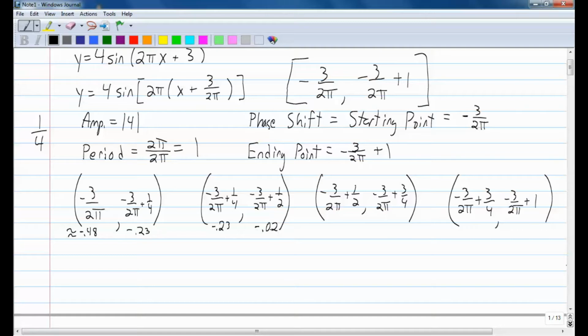That's almost right at 0. Okay, so that's -0.02. This next point will be, sorry, not negative, we went to positive right here. Now we're on the right side of 0. That's positive 0.27. And then the last point, if you add 0.25 again, that's going to be about a positive 0.52.